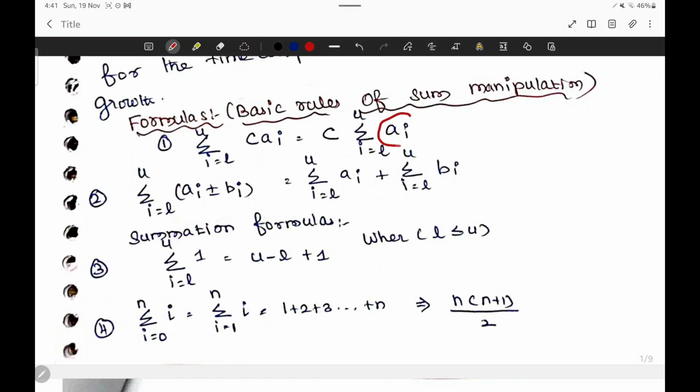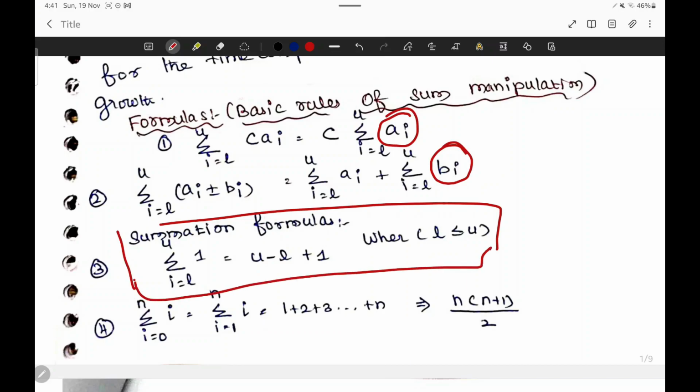This summation formula is the very important formula which helps us find the time complexity: upper bound minus lower bound plus 1. This is the main standard formula.